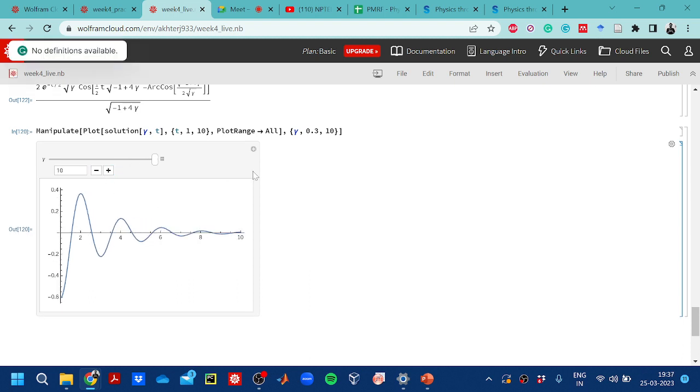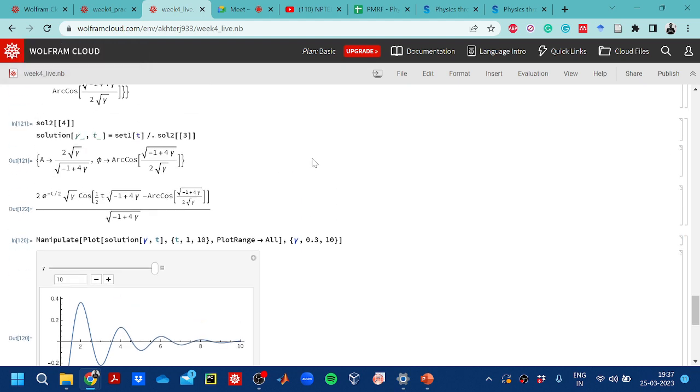So you can play around with any kind of equation, and you can see how the solution looks with different sets of parameters. By varying one parameter, you can look at how the plot or the function changes.